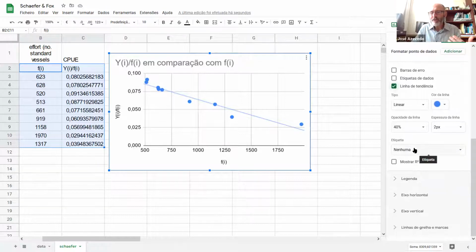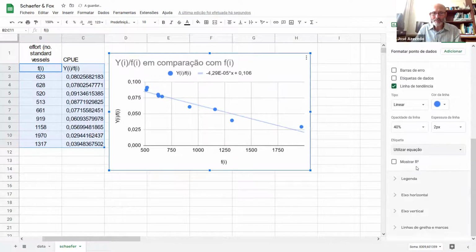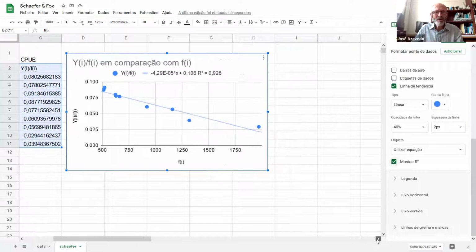And of course, you can show the equation. There it is. And you can also show the R squared. R squared gives a measure of how good the adjustment of the data to your line is. And there you go. So now we have the line that represents the Schaefer model.